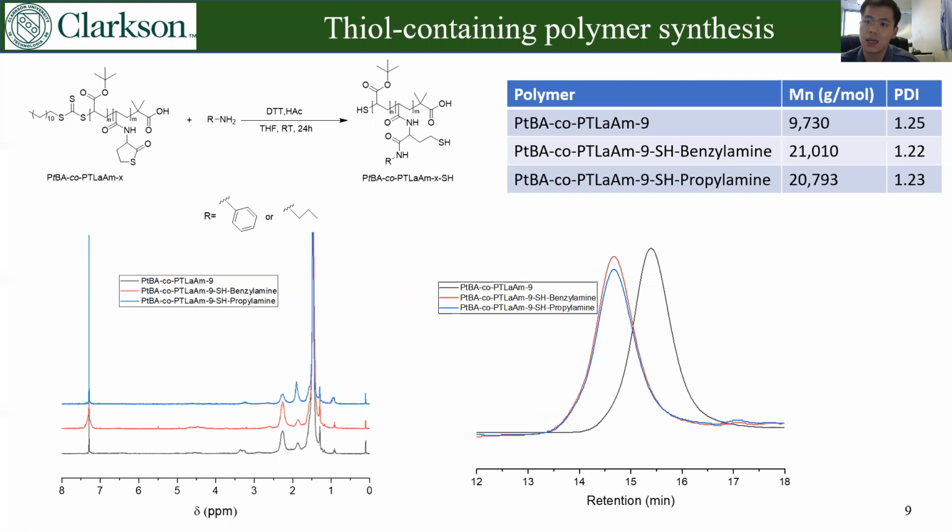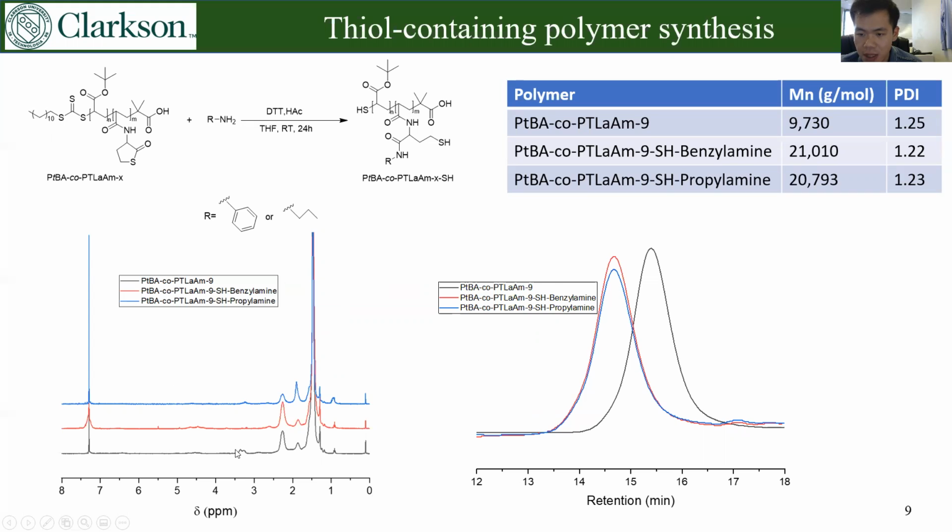We don't want that. So I use DTT as a reducing agent, reacting at room temperature for 24 hours, and in the end, I add a lot of acetic acid to make sure all the thiol is thiol, not thiolate.